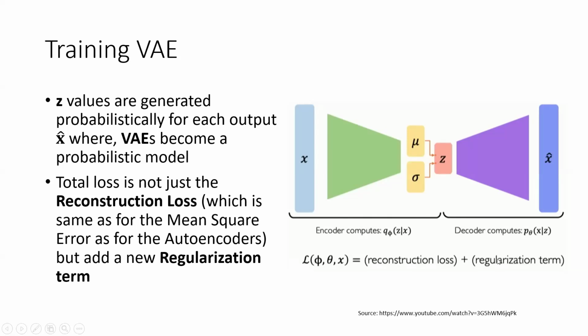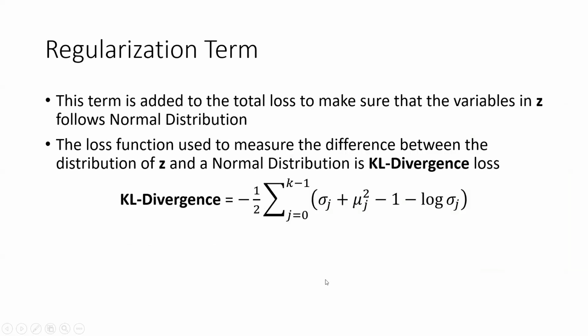Those two should be added to get the total loss. So this is the formula for the KL divergence for sigma, mu, and values for each of the vector points, right?